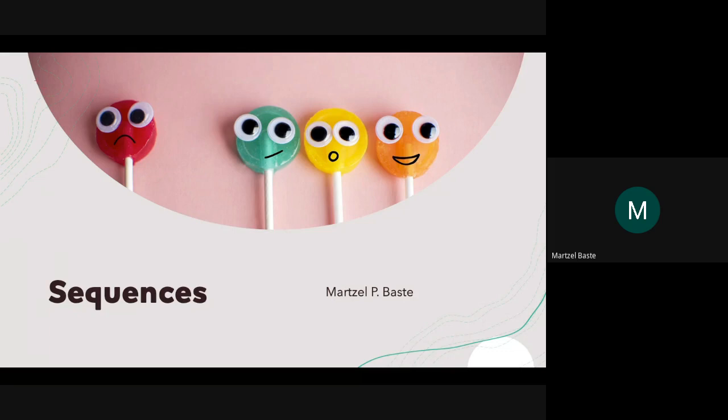Because we are IT people, as I've said, a sequence is related to sets because we have collections of elements, but they should be in a specific order. Unlike sets, they can be in any order.